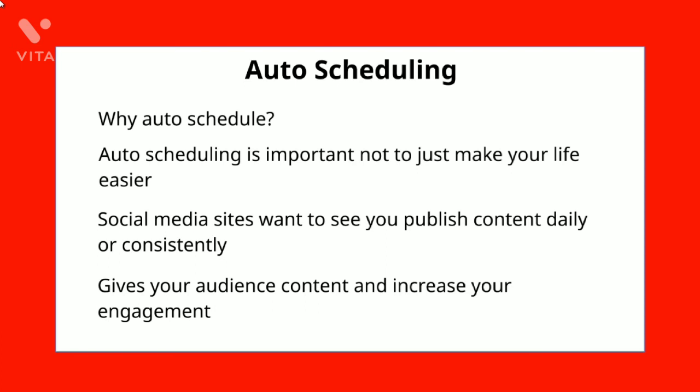So it's a win-win situation. You're saving a lot of time on your end, and you're also giving your audience content, increasing your engagement, and thereby the social media sites will see that and their algorithm will kick in and get you better rankings. So what kind of tools can you use? Let's talk about that right now.